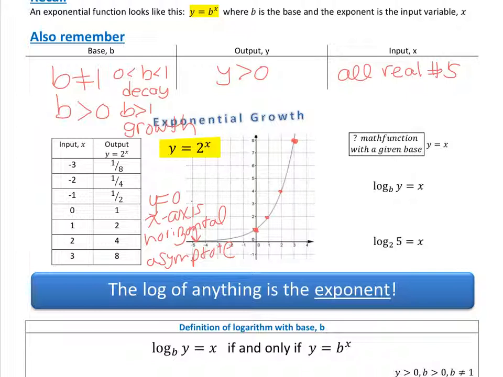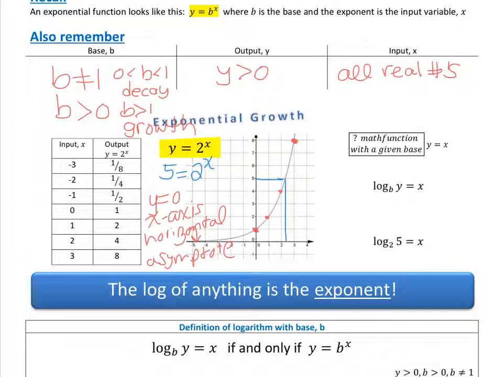But what happens if I wanted to see what kind of exponent x would be if I had an output of, say, 5? In other words, I'm saying I want 5. What kind of exponent x is going to give me 5?